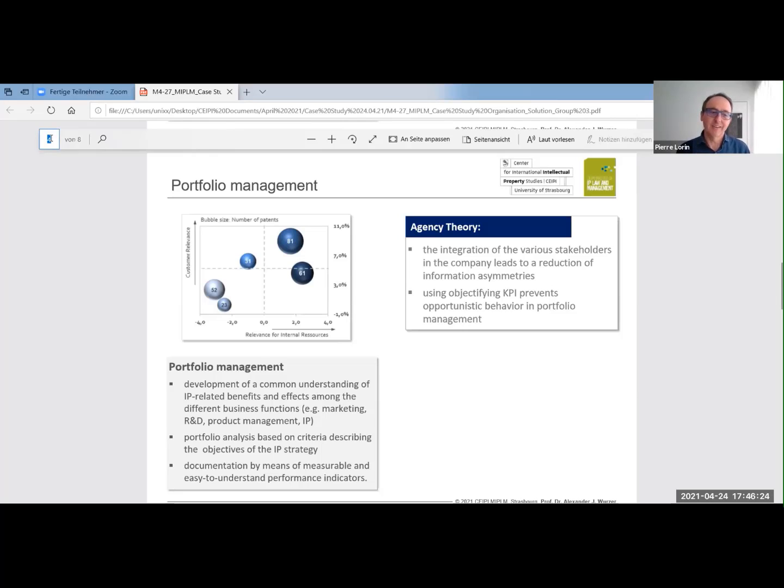They might have different criteria to assess the value of a patent portfolio. So having key KPIs in place and following a documented process will be a very good way to give transparency and to take rational decisions.